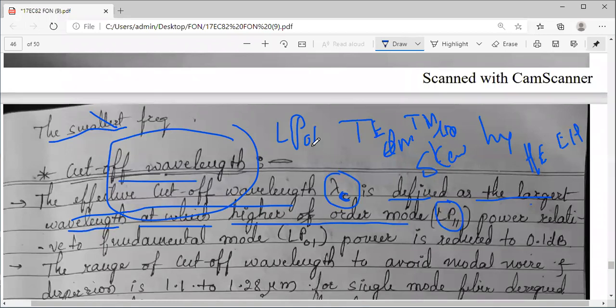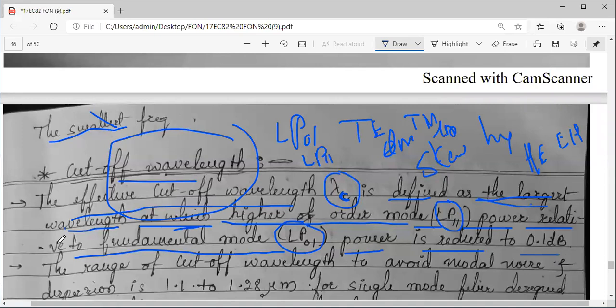If you talk about higher modes, the next one after this LP01 is LP11 and so on. You have many. So it is defined as the largest wavelength at which the higher order modes LP11 onwards, its power relative to the fundamental mode, fundamental is the first basic mode LP01 power, is reduced to 0.1 decibel.